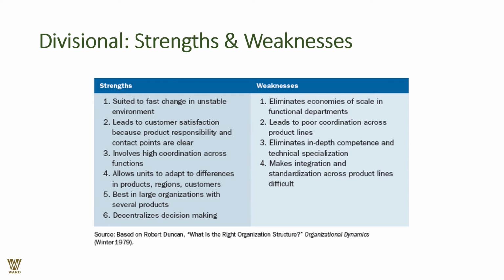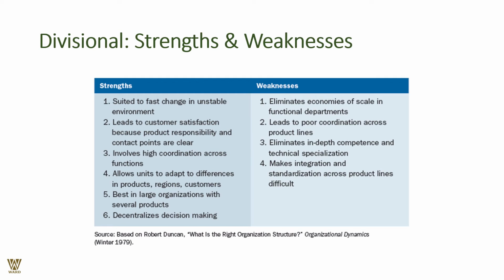So let us talk about the pluses and minuses of divisional structure. Pluses, the strength: suited to fast change in an unstable environment, leads to customer satisfaction because of product responsibilities. Contact points are very clear, involves high coordination across functions, allows units to adapt to differences in products, in regions, in customers, best in large organizations with several products, decentralized decision making on an as-needed basis.